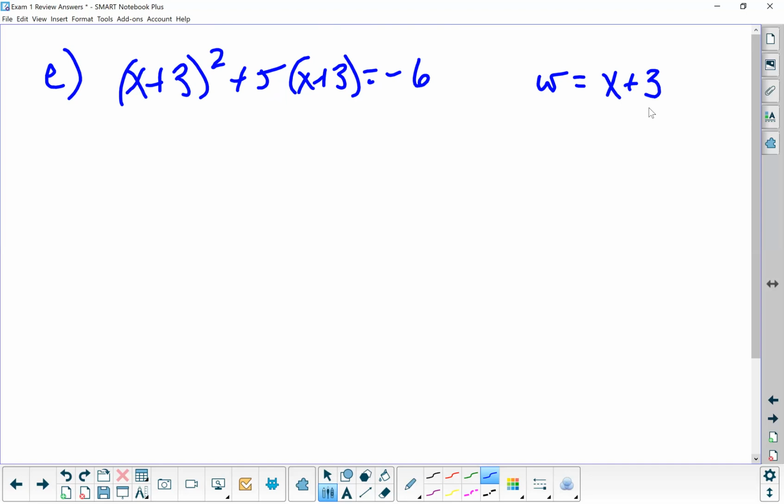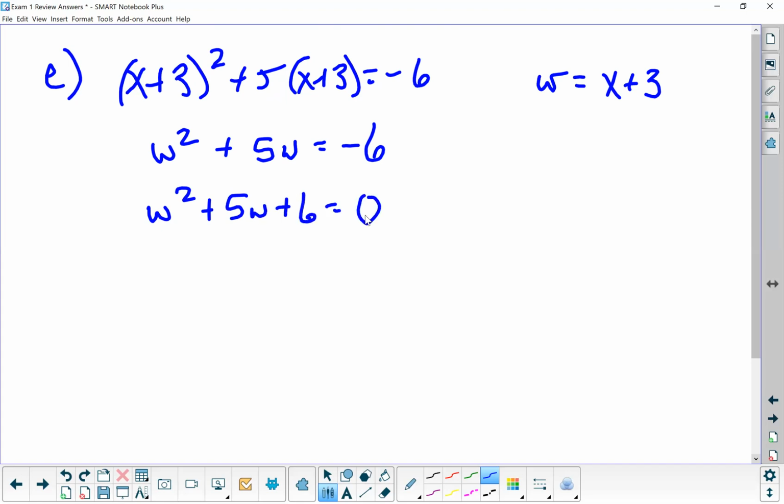You can use any variable you want, but the book, again, uses W. So then doing that, you would get W squared plus 5W equals -6. Bring the -6 over. W squared plus 5W plus 6 equals 0.